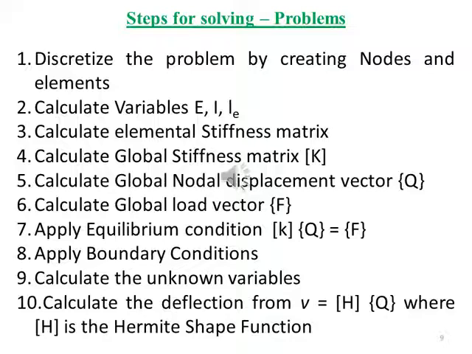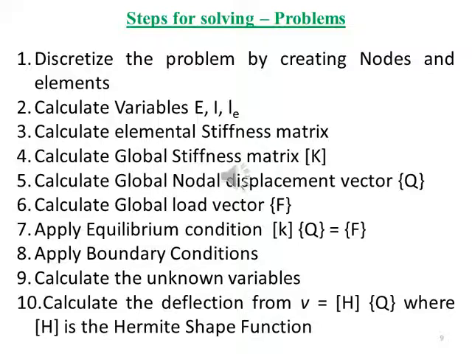Once that is done, apply the equilibrium condition wherein K into Q is equal to F, that is displacement into stiffness of the element will give us the force that is acting. So applying the boundary conditions and removing the unnecessary rows and columns, we can reduce the equation to solve for the unknowns.